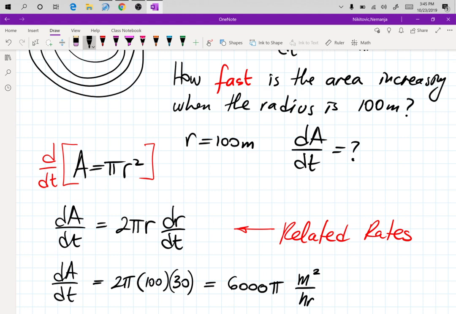Yes, the rate of the decrease of their separation, right? So, rate of separation of planes. That's what we have.